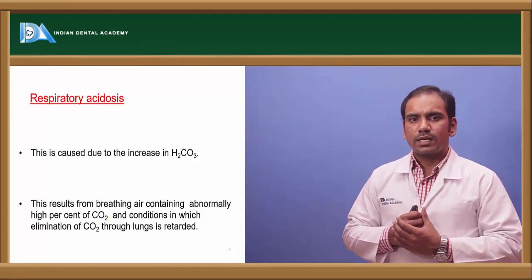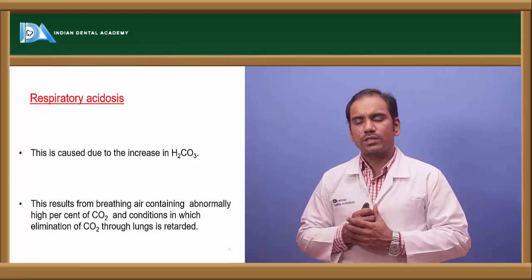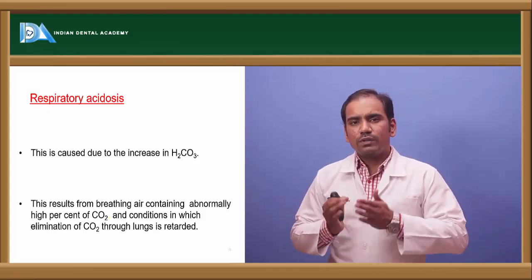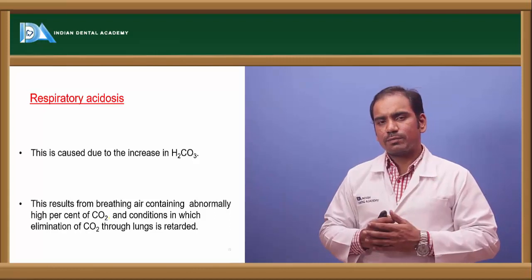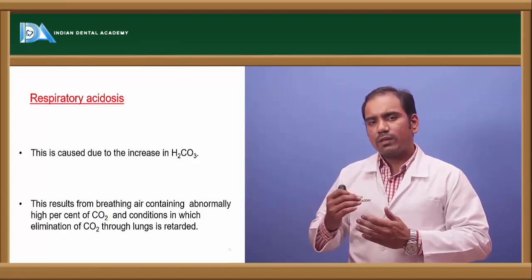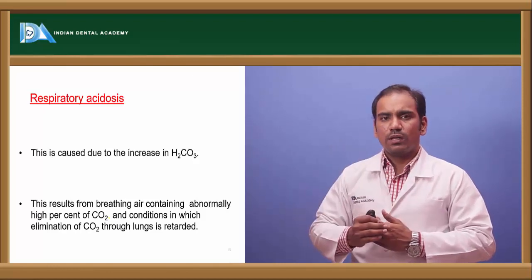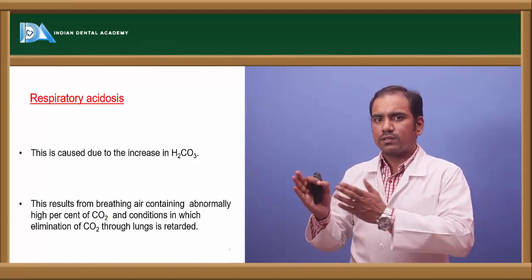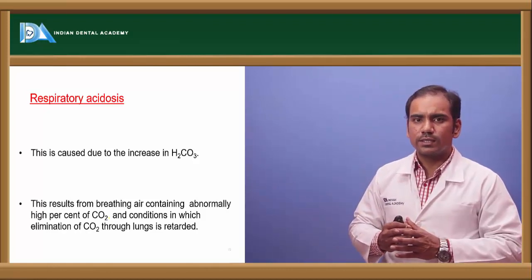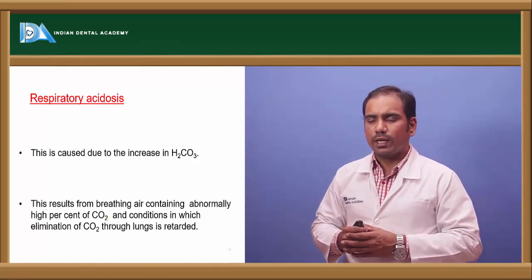This excess of carbonic acid is responsible for this type of acidosis. This carbonic acid and the regulation of the respiratory system, it is a respiratory component. Whenever the carbonic acid is more, it leads to acidosis. We call it respiratory acidosis. So the primary defect in respiratory acidosis is excess of carbonic acid.